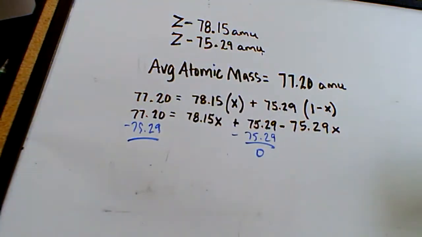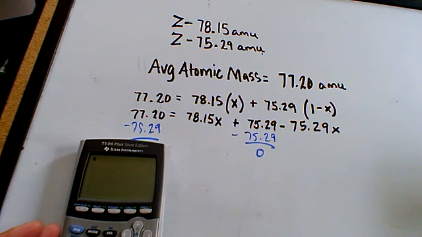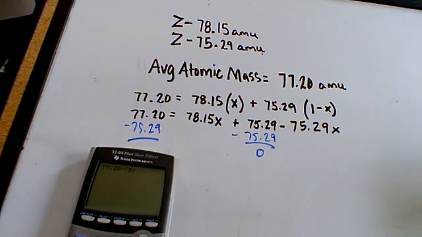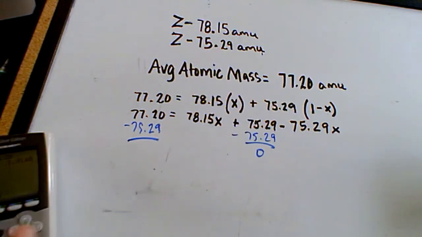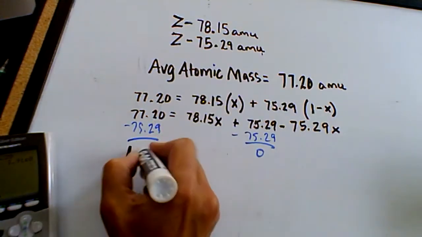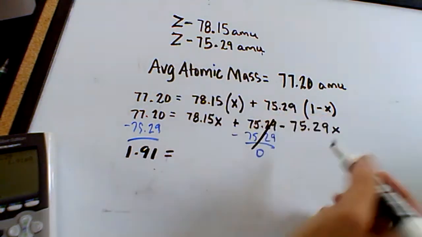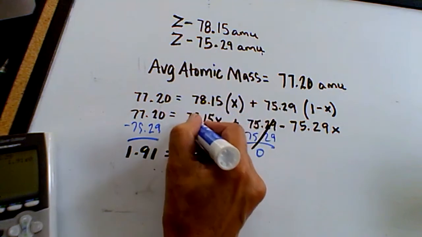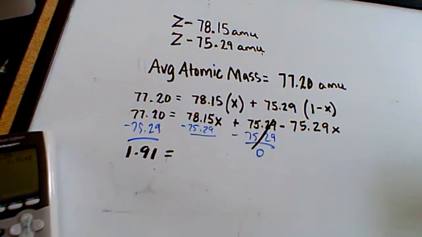So 77.20 minus 75.29 equals, and that gives me 1.91. So now I know that 1.91 equals, this is going to be gone. So let's simplify this by subtracting 75.29 here and figuring out how many x's we have.